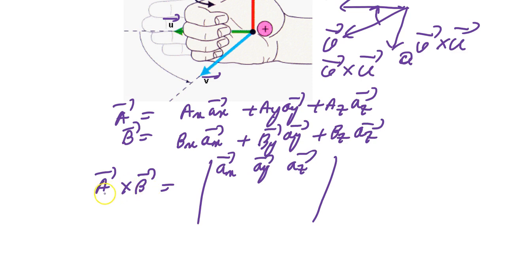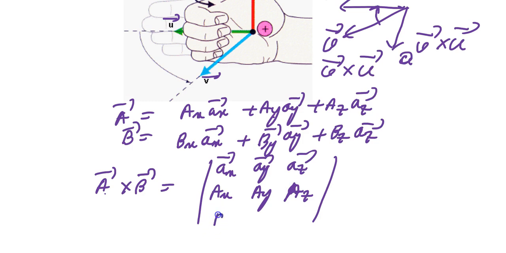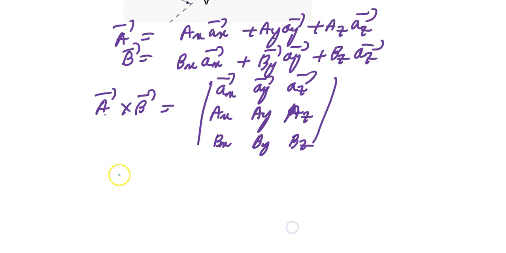Then components of A, AX, AY, AZ. Then write BX, BY, BZ. What is the AX cross AX? Obviously 0, sine 0 is 0. AX cross AX, AY cross AY, AZ cross AZ, all 0.